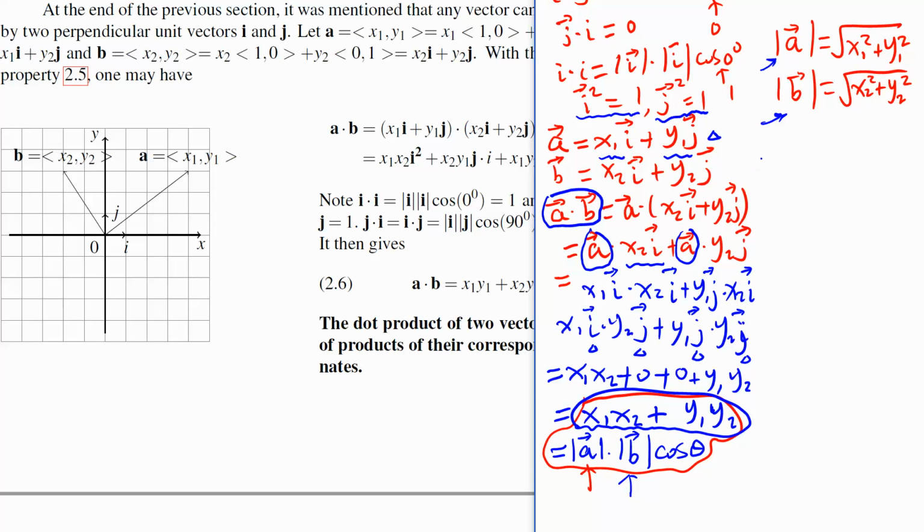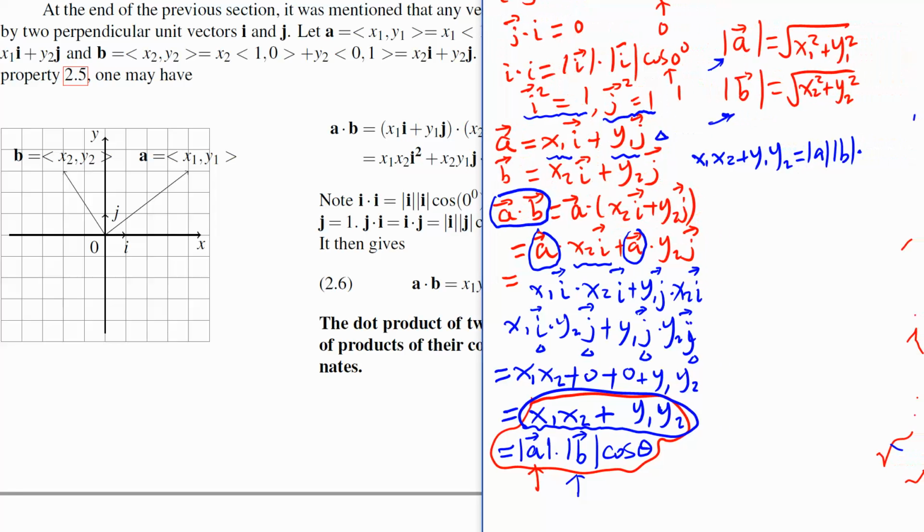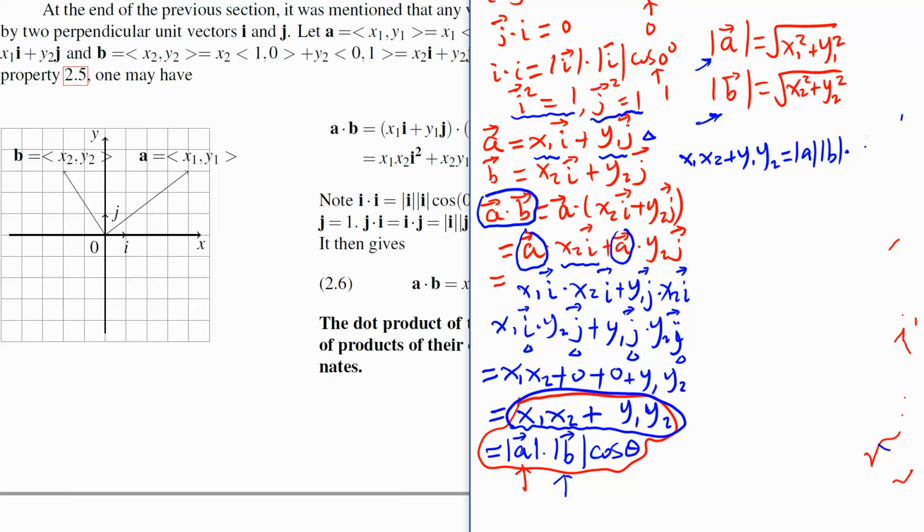Okay, so what is cosine theta? We have x1, x2 plus y1, y2 equals, let me copy the A, B here, dot, cosine theta.